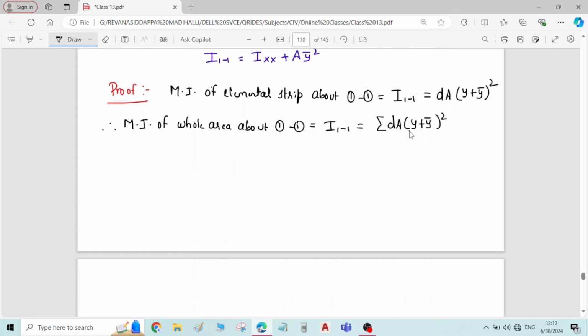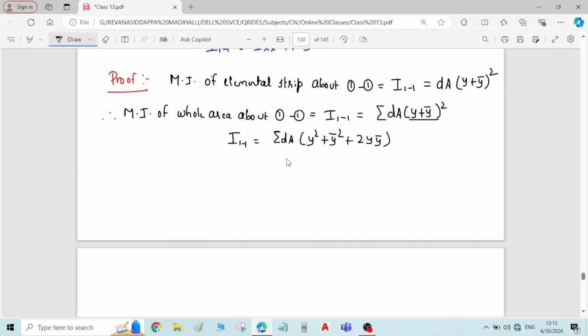Now this is in the form of (a plus b) whole square. I will expand this. Therefore, I11 is equal to sigma dA into (y square plus y bar square plus 2y into y bar), like a square plus b square plus 2ab.